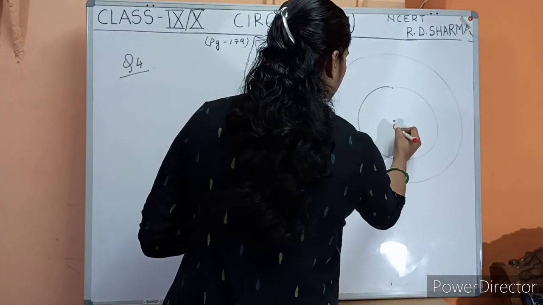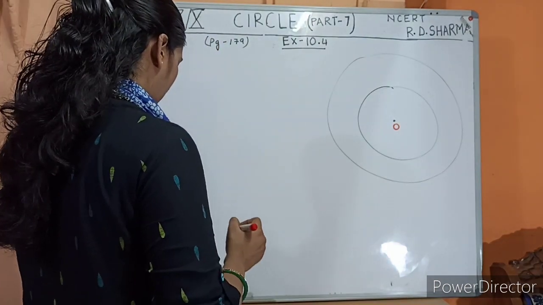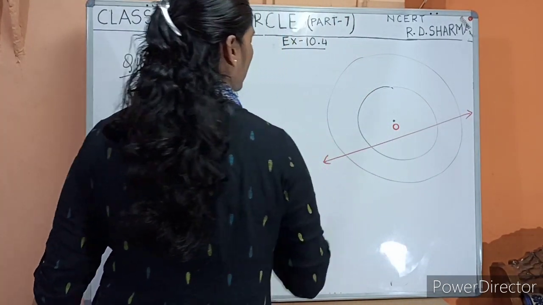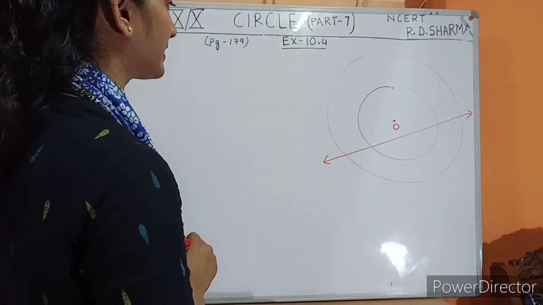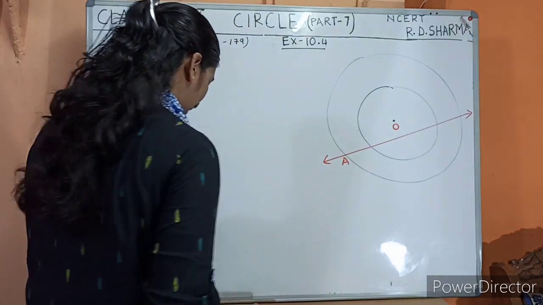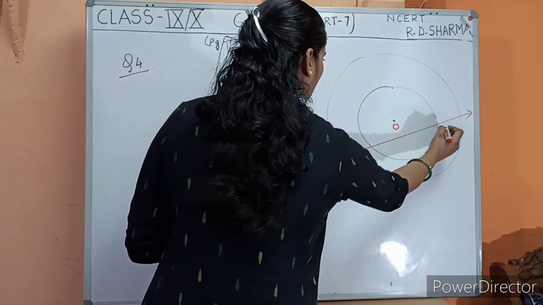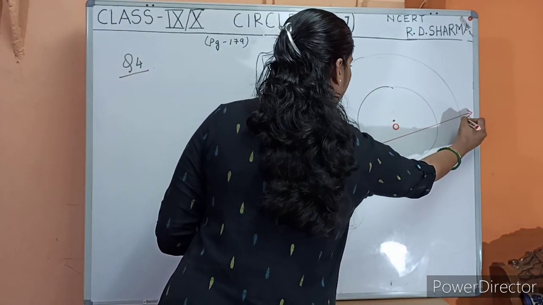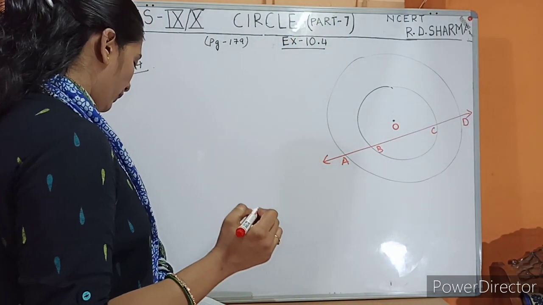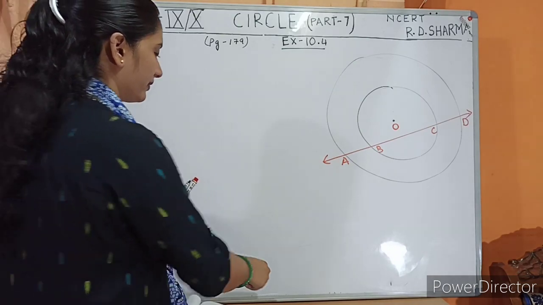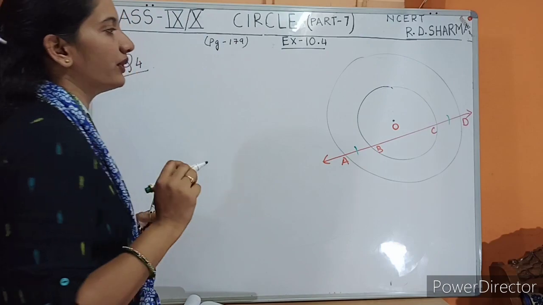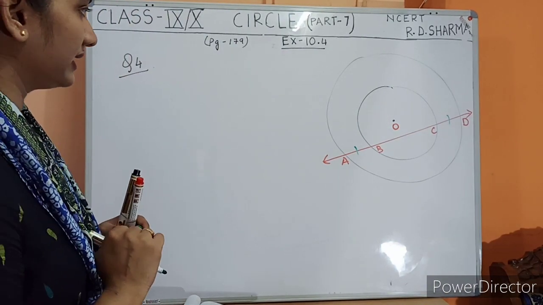So let us suppose this center is O and a chord is intersecting both the circles. Let us suppose it is intersecting the bigger circle at the point A and B. This is B and this point is C. So we need to show that this part AB must be equal to CD. ये हमें prove करना है, ठीक है?